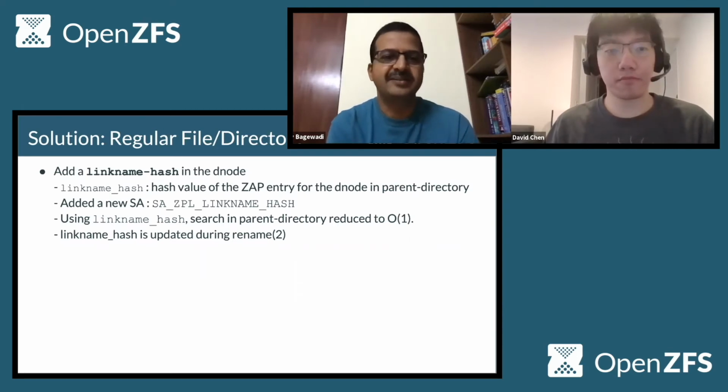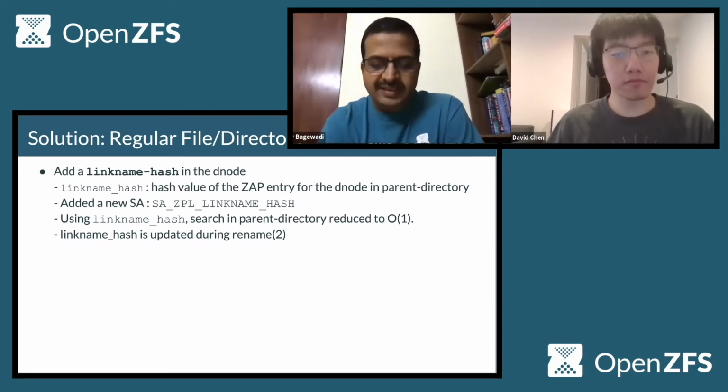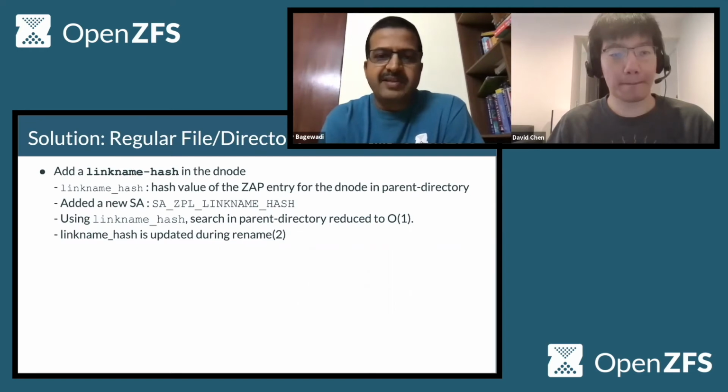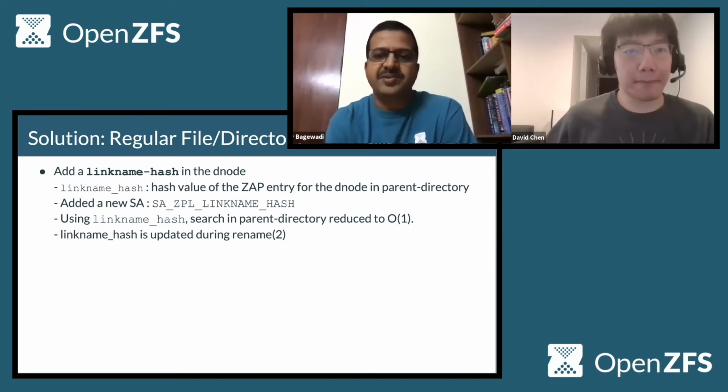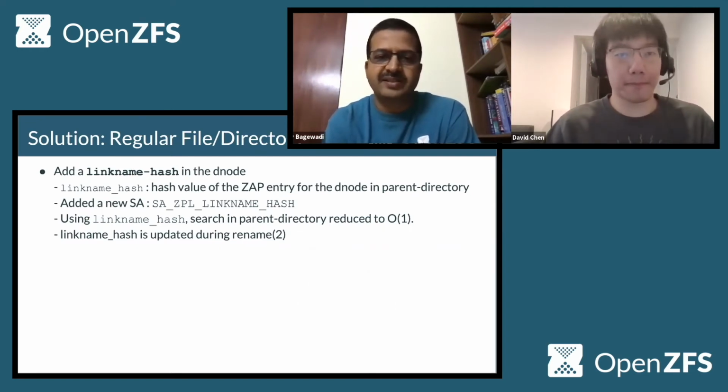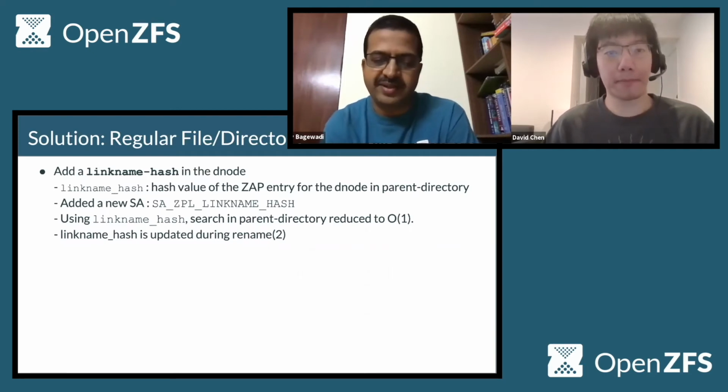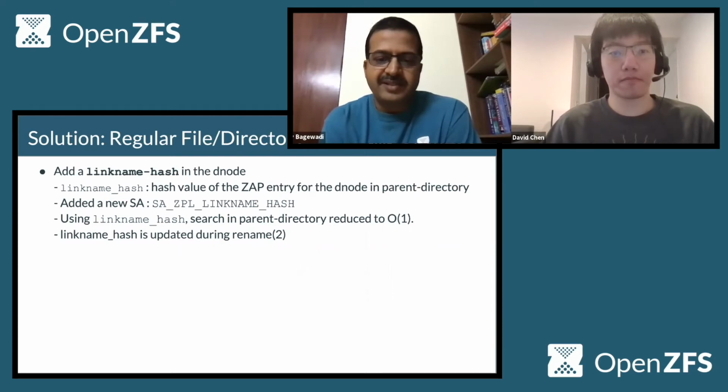Thanks, David. So like David explained on how we have this issue of sequential search, one of the key things that I would like to add to what David said is the ZAP entries themselves are indexed using the name of the file or a directory, and so that's your key.